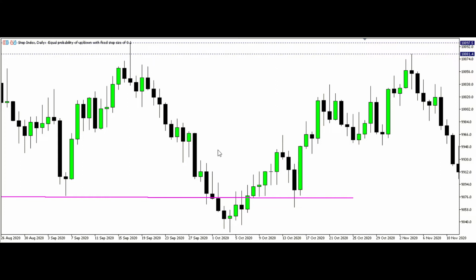Now, assuming we have price trading down this way on the daily time frame, on which area do you think price would necessarily go up to take down either the highs and the lows?